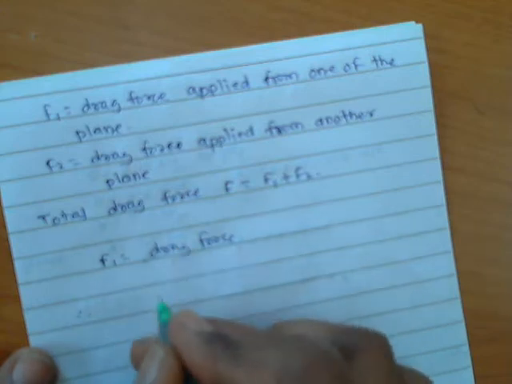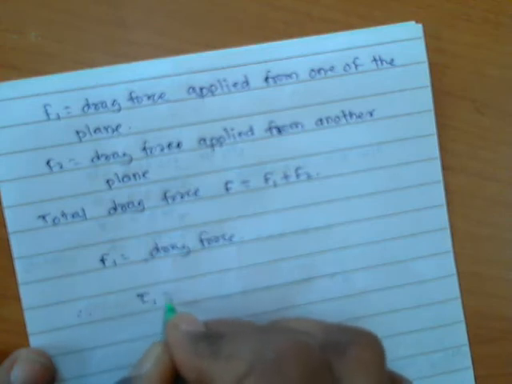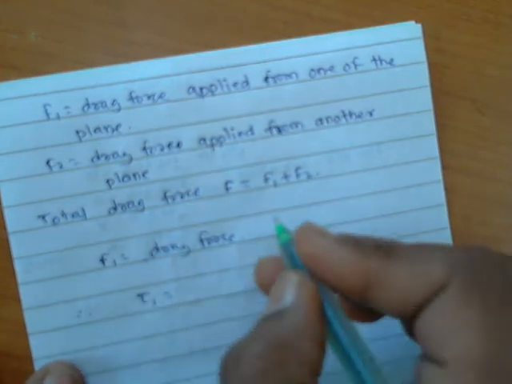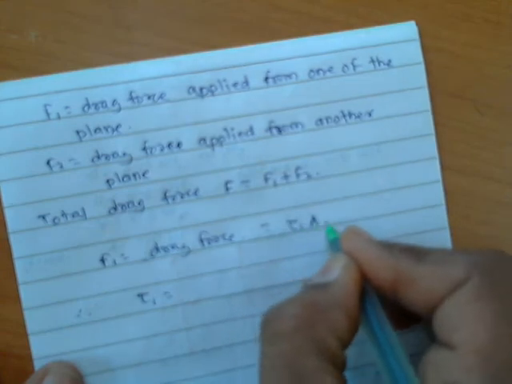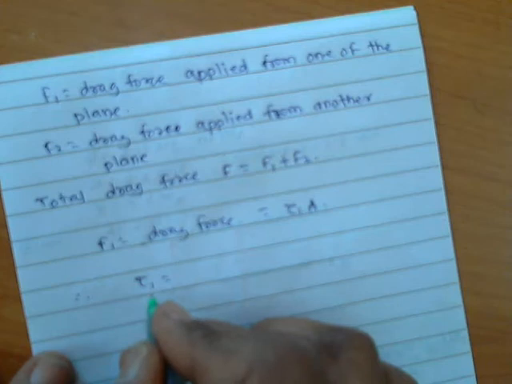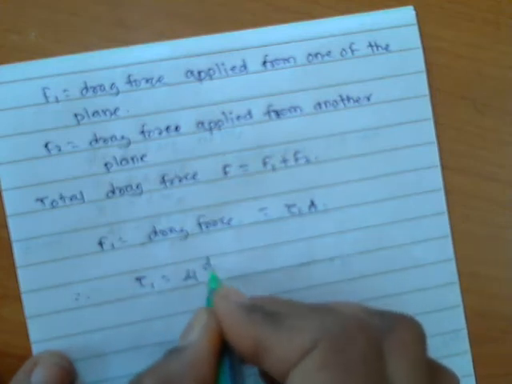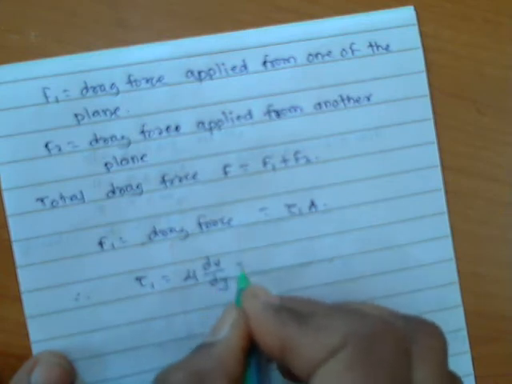we know Newton's law of viscosity as tau 1. So F1 is equal to tau 1 into area of plate. For that we will find out the shear stress from one of the planes. So tau 1 is equal to mu du by dy.